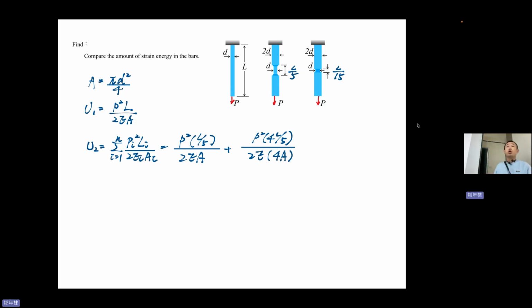Because you have doubled your diameter, right? So your area will be 4 times. Equal to P squared L divided by 5EA, divided by 2, which is U1. 2 over 5 U1.